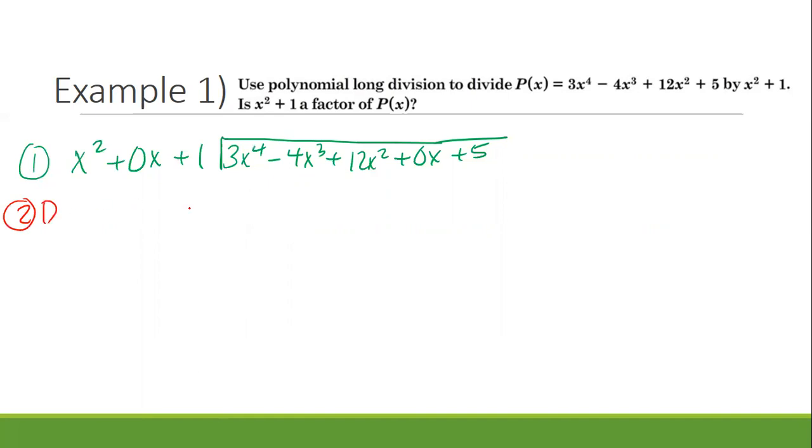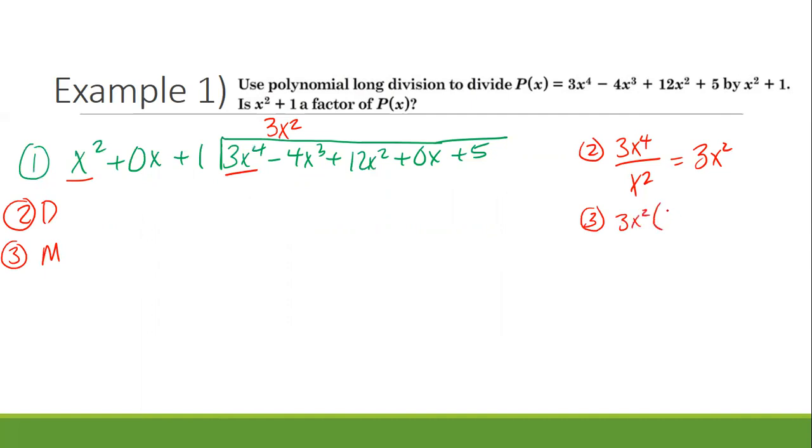First step is to divide. So we have 3x to the fourth divided by x squared, which equals 3x squared. Then next we're going to multiply. So we have 3x squared times x squared plus 0x plus 1. That gives me 3x to the fourth plus 0x to the third plus 3x squared.